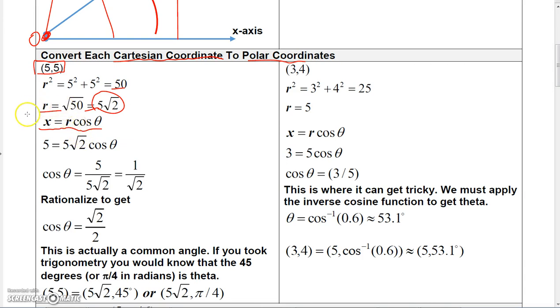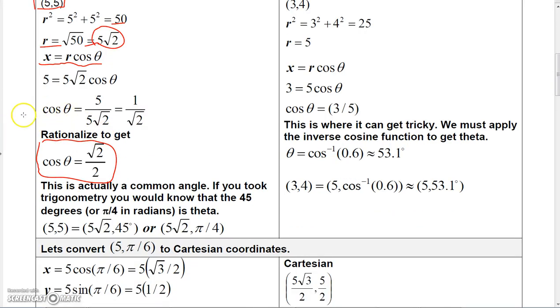So I'm going to try to find theta by plugging in the known x value, which is 5, and the known r, which is 5 square root of 2. So I have 5 equals 5 square root of 2 cosine theta. If you divide both sides by 5 square root of 2, the 5's will cancel, and you'll just get 1 over square root of 2. And if you rationalize that, you get that cosine theta is equal to square root of 2 over 2.